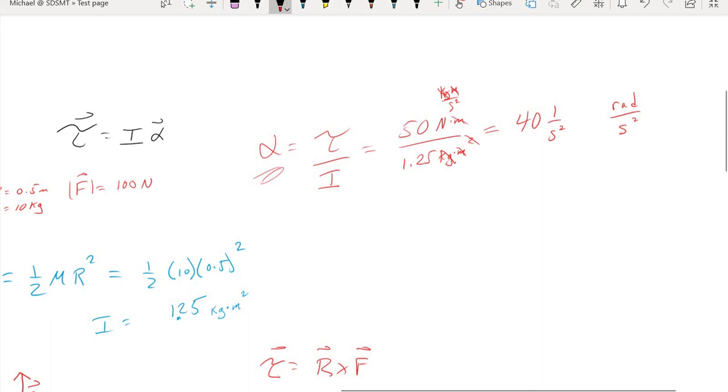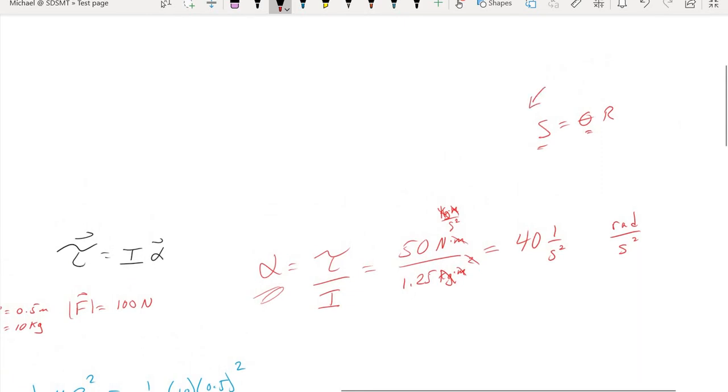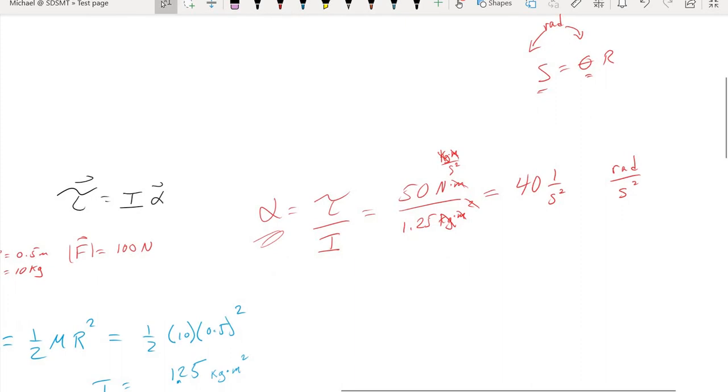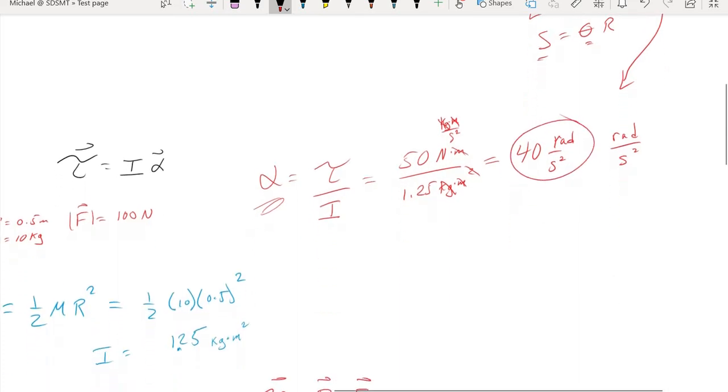And if you watched the previous video, I told you that whenever we convert back and forth from linear values to angular values, we will often have to either add or remove the radians when appropriate. And so I always tell my students, if you're not using the radians, put them in your back pocket until you need them. Well, now is a time where we need them, so we're going to incorporate those radians back into the value.